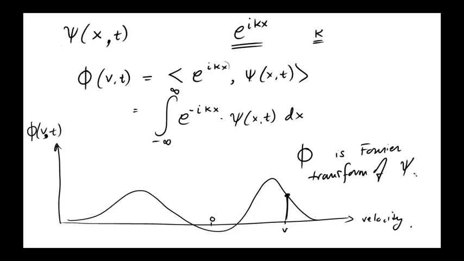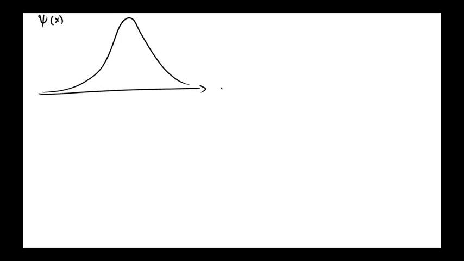This is a very interesting thing, because what it says is you start with some superposition, psi. So this is psi of x, the position of the particle at whatever time. It's some function. Now we write phi of p for momentum.